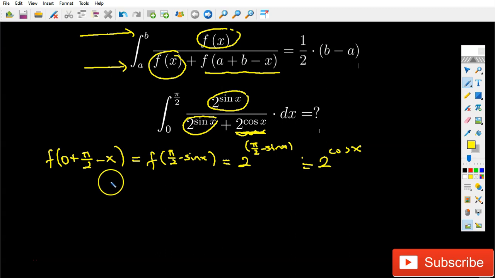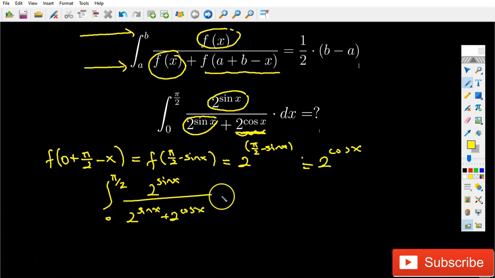This integral from 0 to pi over 2 of 2 to the power of sine x over 2 to the power of sine x plus 2 to the power of cosine x is going to be equal to 1/2 times upper limit pi over 2 minus the lower limit 0. The answer is just pi over 4.